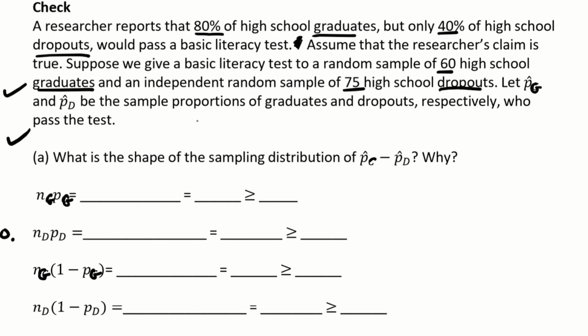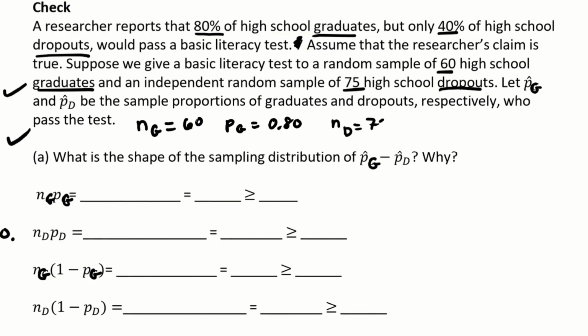The sample size for the graduates is 60. The p for G is 80% for graduates, and the sample size for the dropouts is 75, and the proportion for dropouts is 40% right here, right?